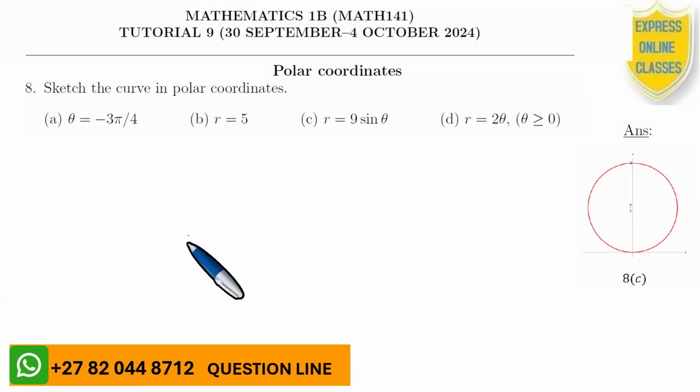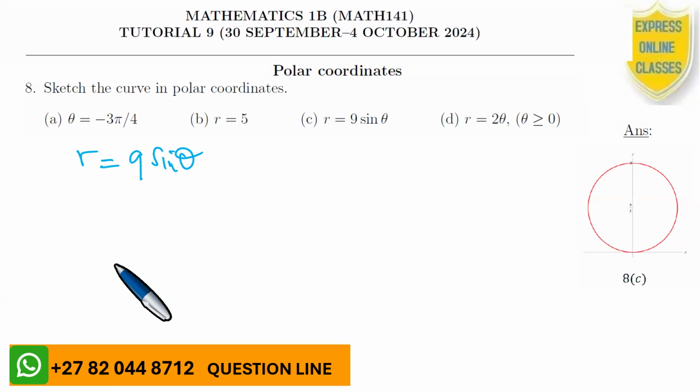Right, if you look at part C, what are we able to achieve? R equals 9 sin theta.